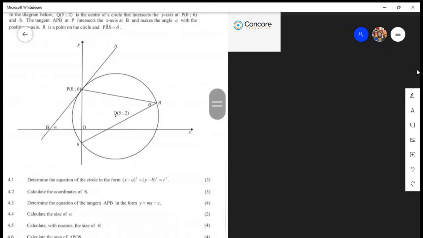Can we use the tan chord theorem? Do you guys know the tan chord theorem from Euclidean geometry? Yes. Let's see if there's any other way of doing it.